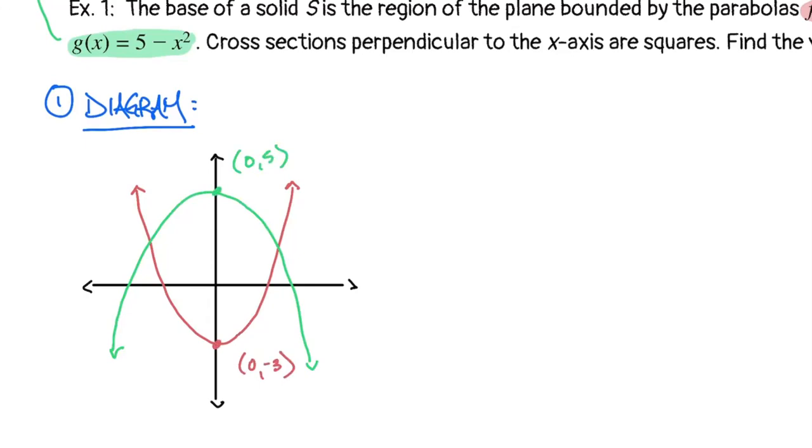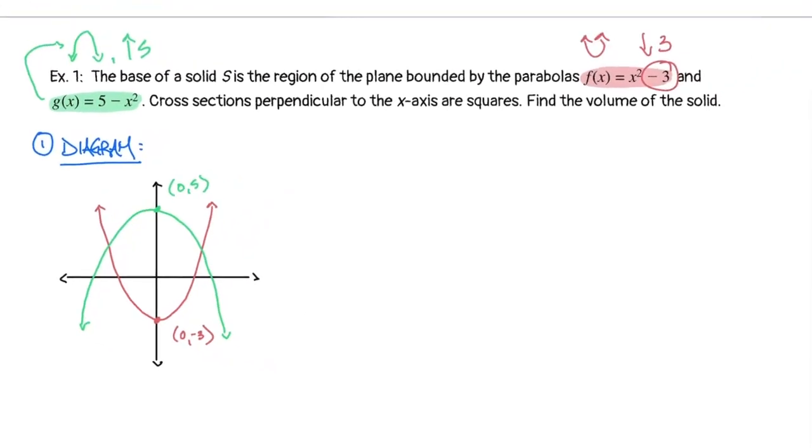And the last thing I'd like to draw on this diagram for right now is going to be sort of the bottom of my cross section. Okay, so it says here the cross sections are perpendicular to the x-axis.